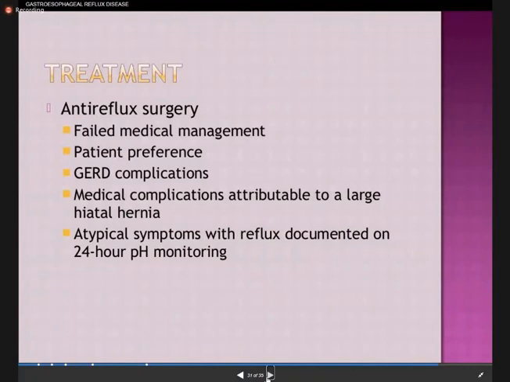The indications are failed medical management, patient's preference, GERD complications, and medical complications attributable to a large hiatal hernia. Now, remember that an anti-reflux surgery does not ensure that the patient would be 100% free from GERD symptoms.